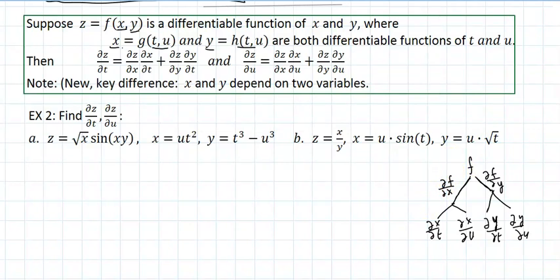Normally, we're asked for one of those. For example, find the partial of z with respect to t, then you're going to take this route.